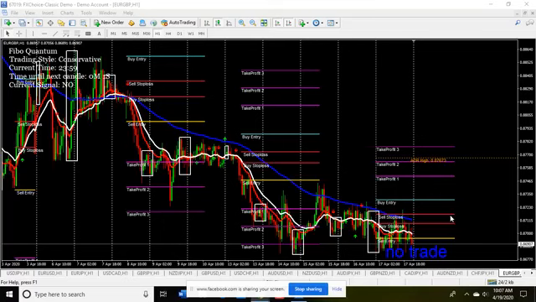In testing some of these pairs, the indicator works better on some than others. So that's the purpose of the demo test, to decide which pairs this indicator works best on. And then we can reduce that number down maybe to 8 or 10 later on when we begin taking live trades.